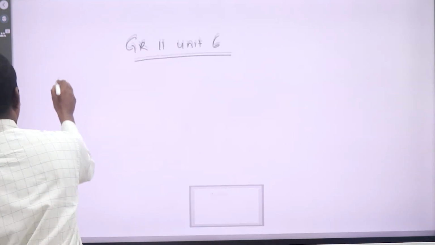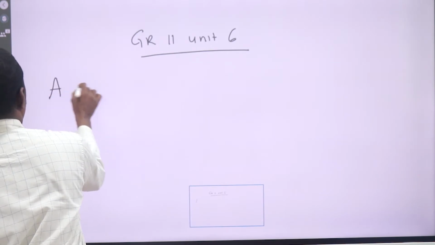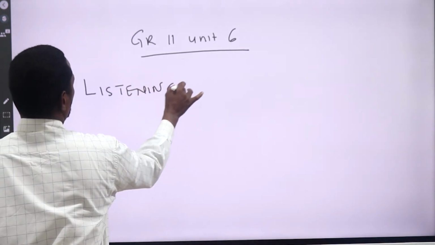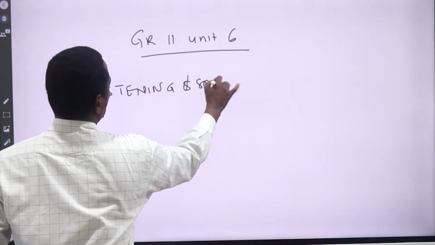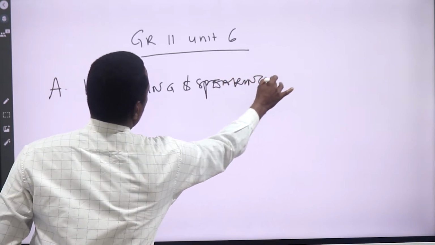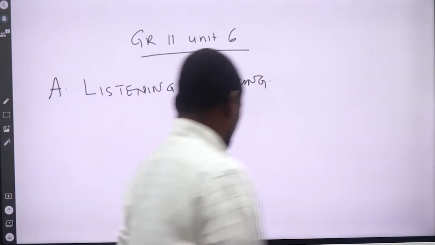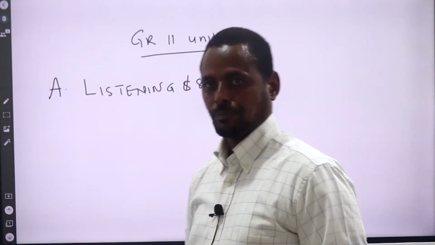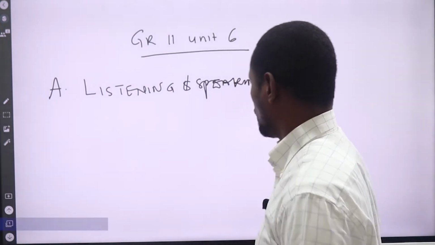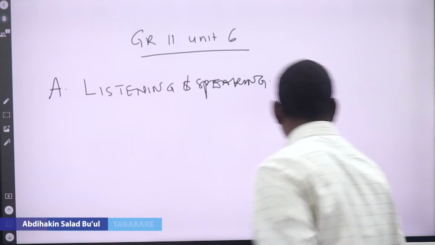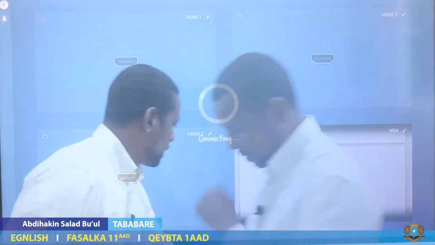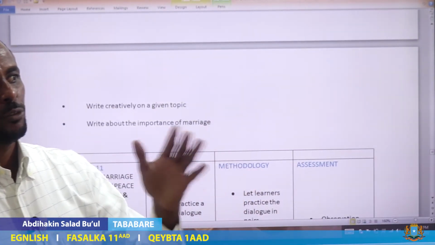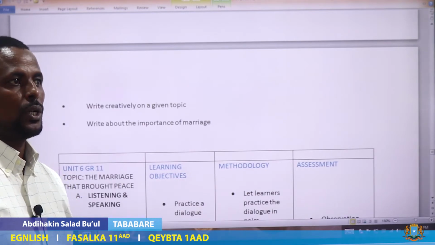A, listening and speaking. So, in our listening and speaking segment, as we have always seen, we have got methodologies which we use to achieve the objective of that particular lesson.